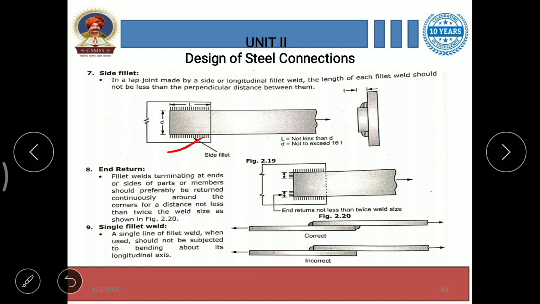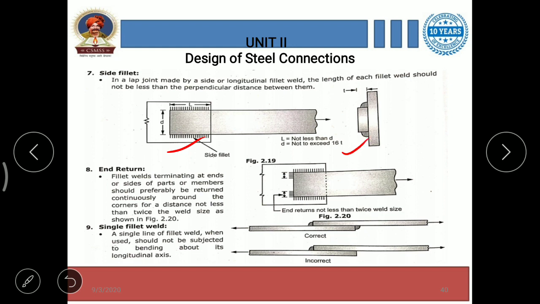L is not less than D, that is, the length of side fillet should be greater than the thickness of that part, or in case of rounded it is greater than the diameter. Obviously D should not exceed 16 times T.